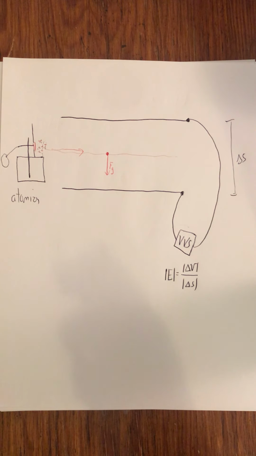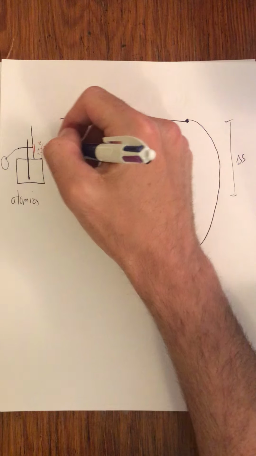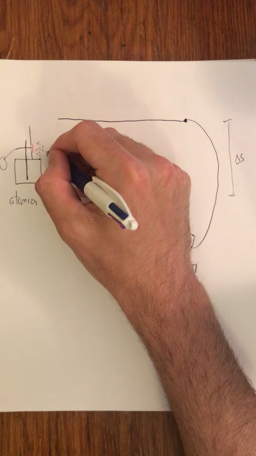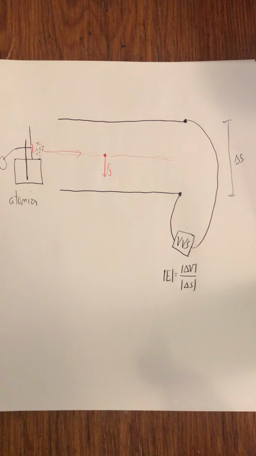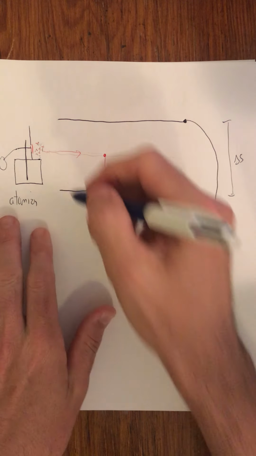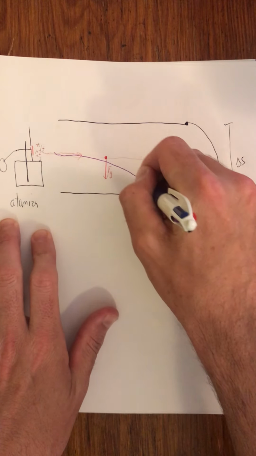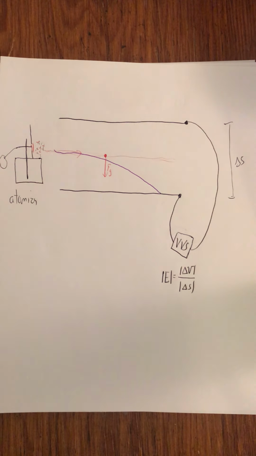Well, that oil drop then would not just go across here, it would go into projectile motion, right? It would follow a parabolic path downwards like that, right? And strike the plate.